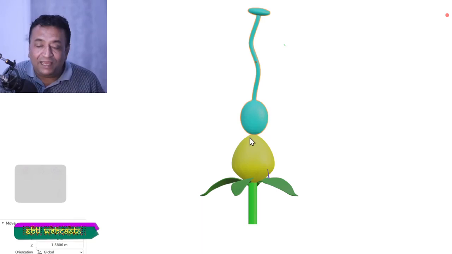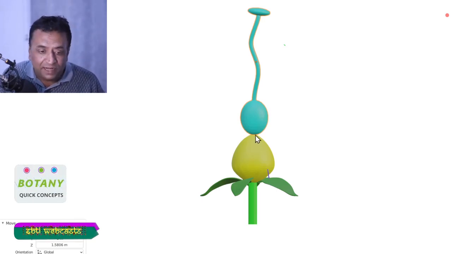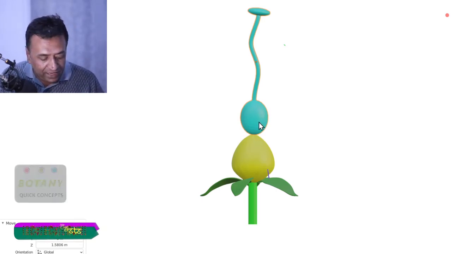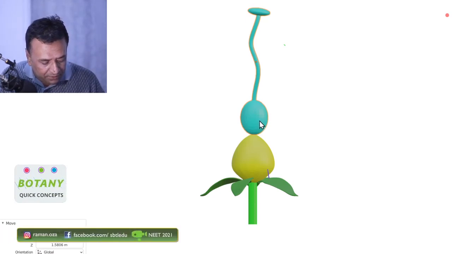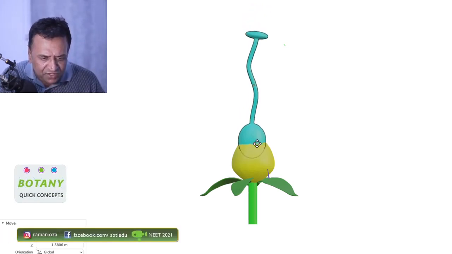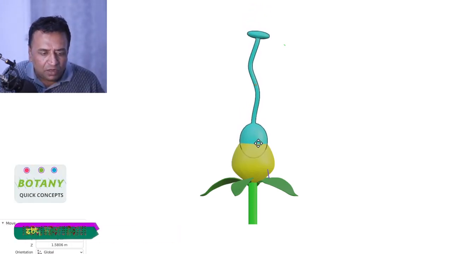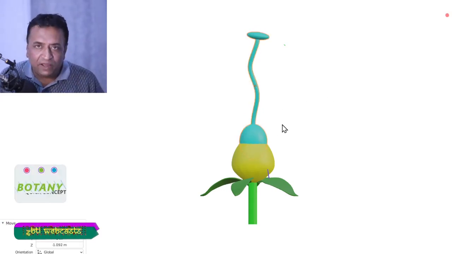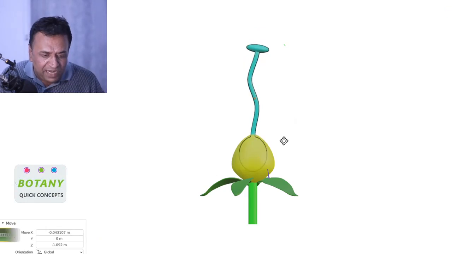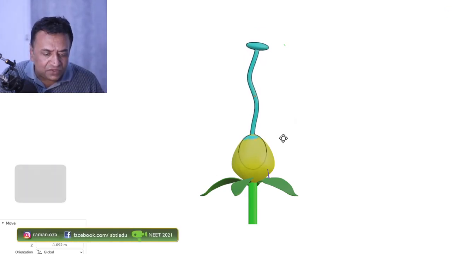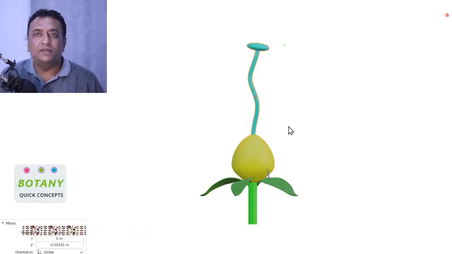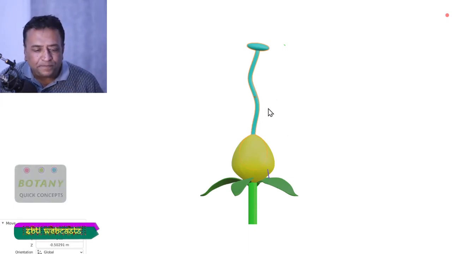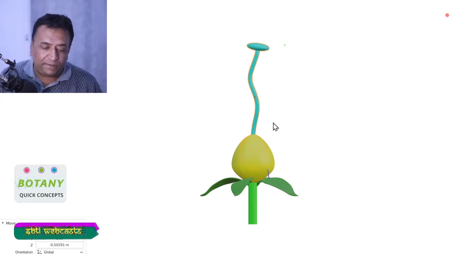If this ovary is at the top of the thalamus, it is called a superior ovary. If it is merged but not completely, it is called a semi-superior or semi-inferior ovary. And if it is completely merged inside, then it is called an inferior ovary.